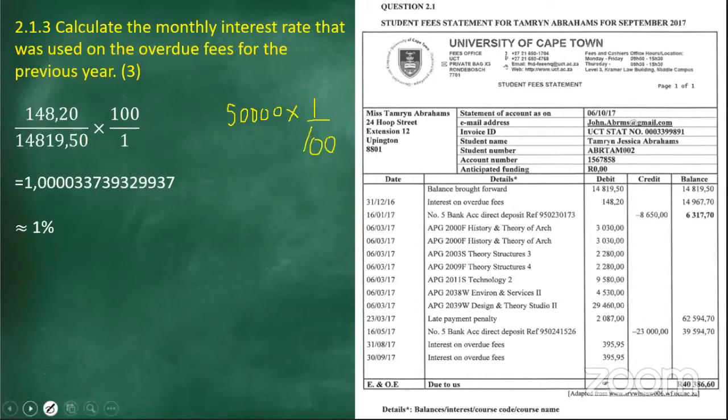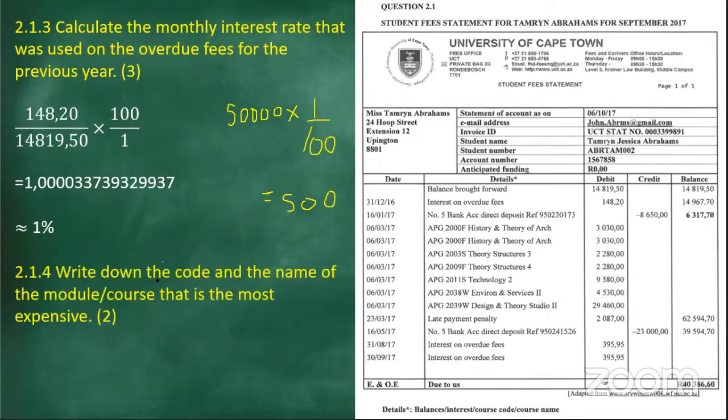What would be 1% of 50,000 rand? It would be 500 rands. So you would be charged 500 rands interest. Depending on how much you owe, they'll charge you 1% of that money.